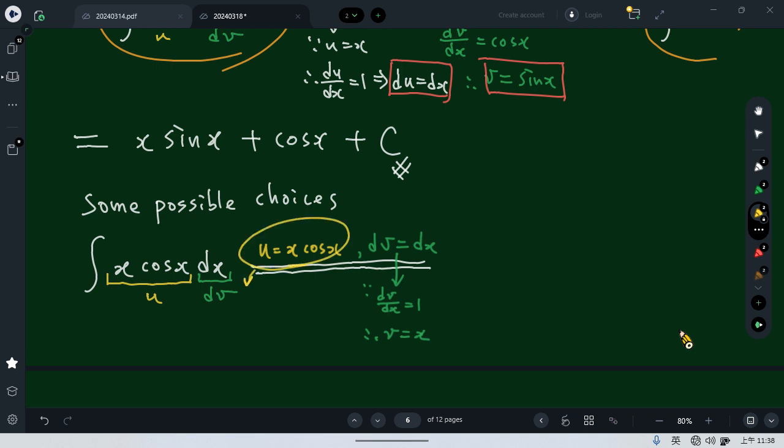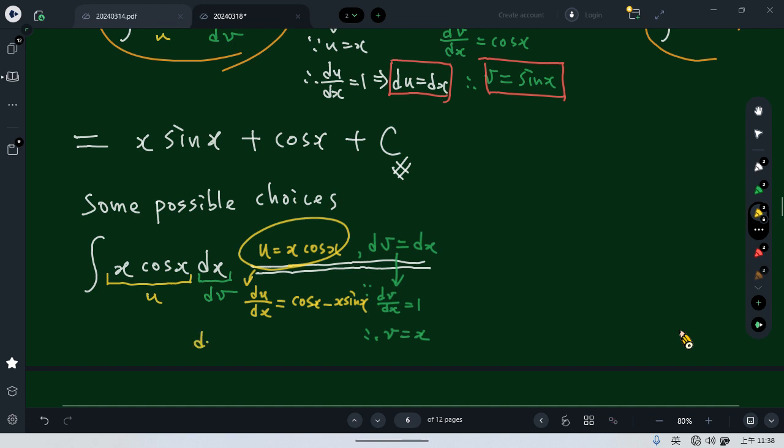because right now you need to get du, right? So the only way for you is just differentiate it in terms of x, right? So the result will be cosine x minus x sine x, right?